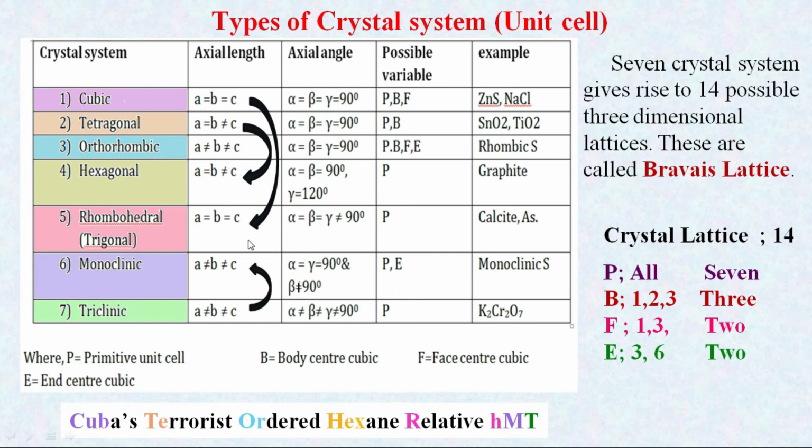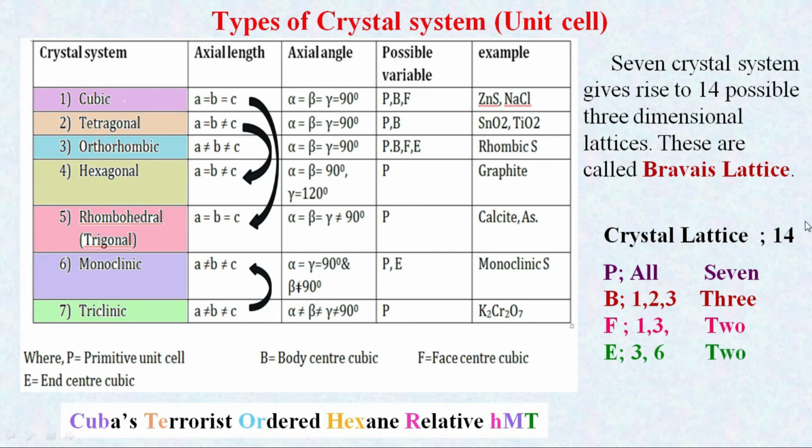Now let me tell you, these 7 systems show a total of 14 Bravais lattices. Let me use some symbolic representation. P stands for primitive or simple type of unit cell, B stands for body centered unit cell, capital F stands for face centered unit cell, and E stands for end centered unit cell.